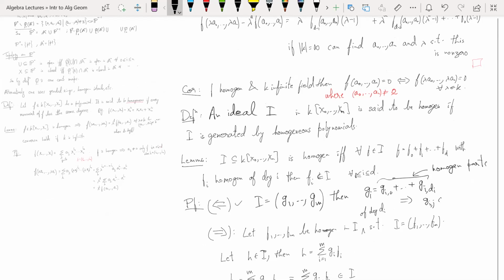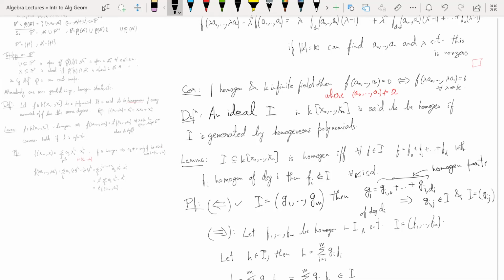And of course, I is generated by the Gij, because taking the sum you get Gi, and the Gi generate I. Each of these is a homogeneous piece, so by definition it is a homogeneous ideal.